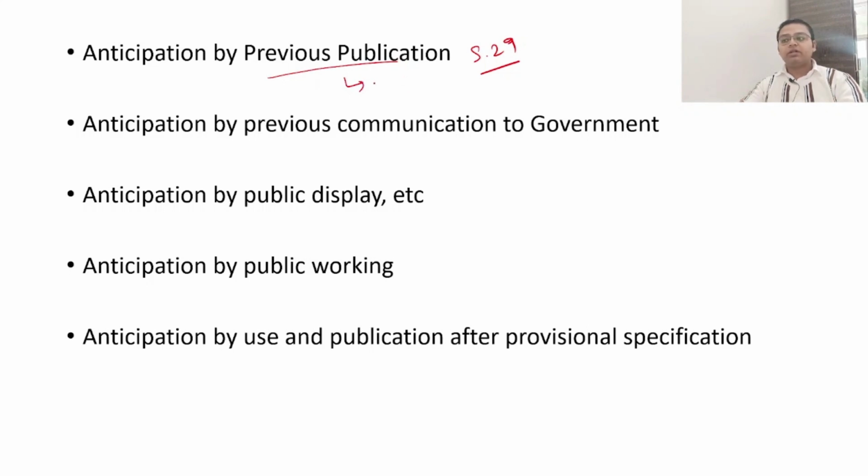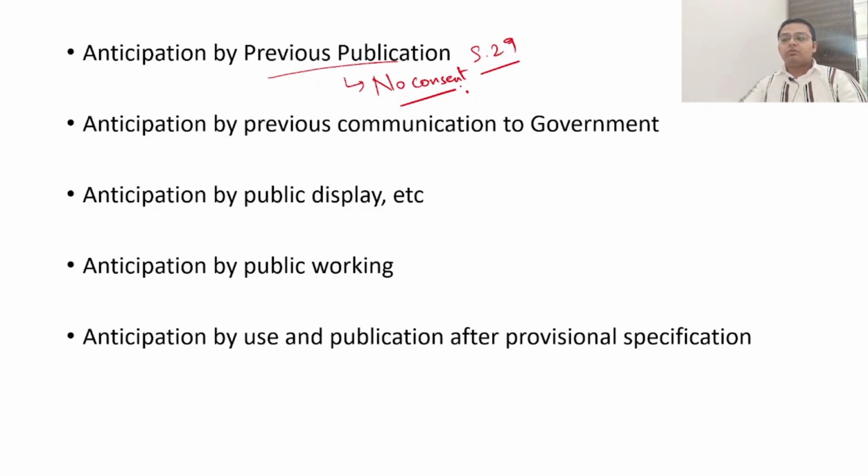Here we need to remember that the publication of your invention should be without your consent, the consent of the true and first inventor. For example, you've given your application to an attorney or to an agent, and he publishes it without your consent. So that publication would not be anticipation.